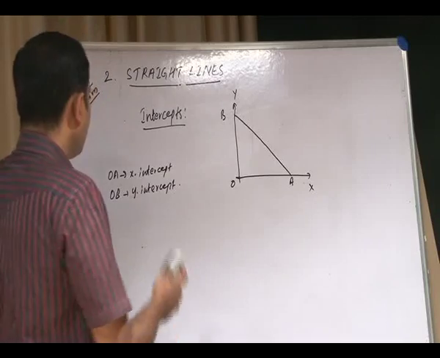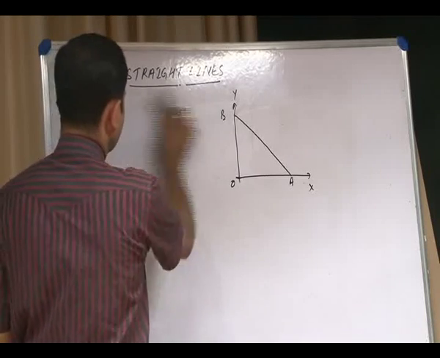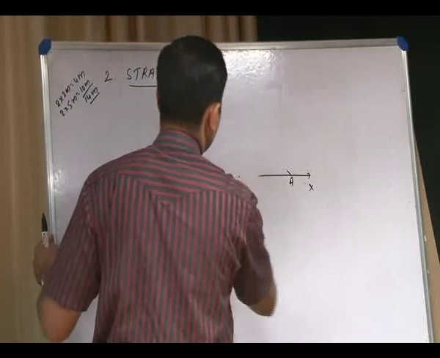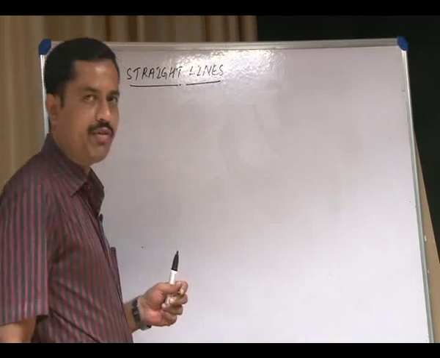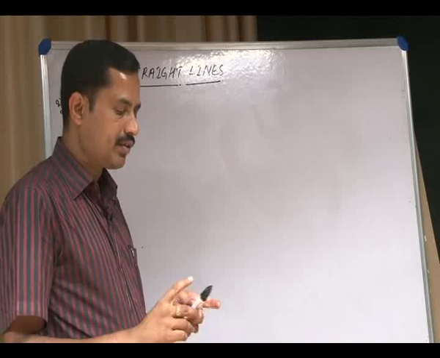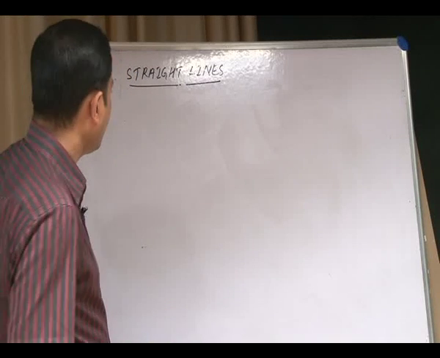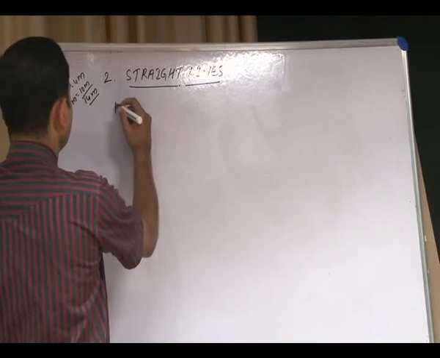After this we are going to discuss different forms of equations of straight line. Here we will come across a total of 5 forms, and I will consider them one by one.